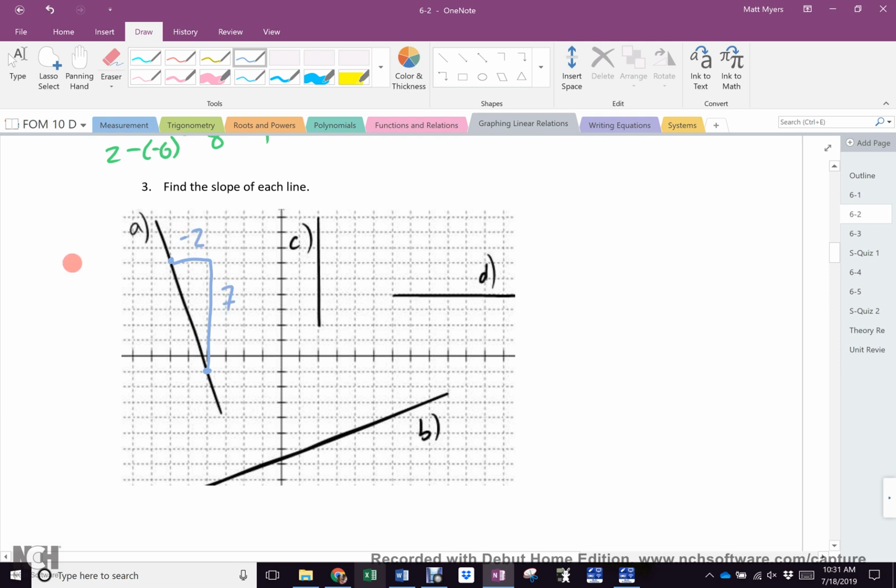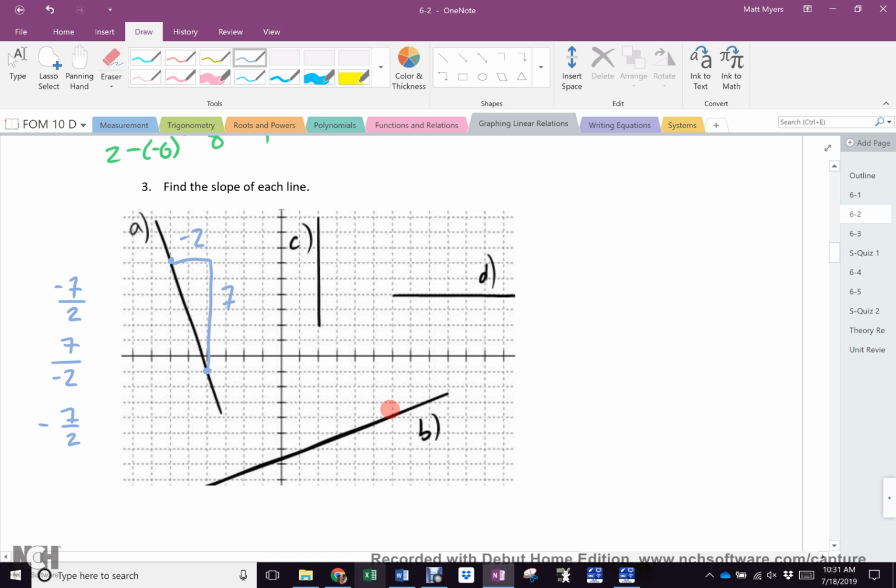Now, please be aware, this is another thing kids cannot get their head around. Negative 7 over 2 is the slope. 7 over negative 2 is the slope. Negative 7/2 is the slope. All 3 of those are acceptable.